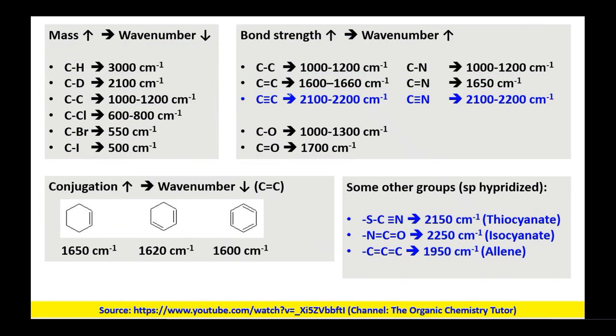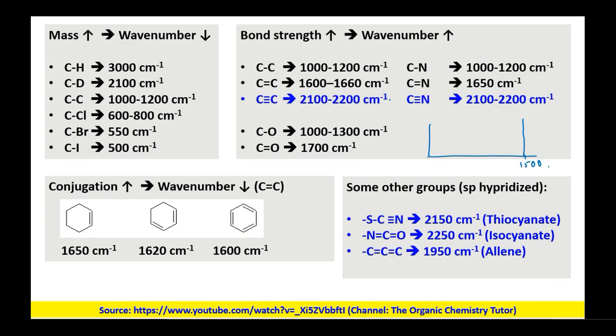Now, one interesting thing is that if you look into the FTIR spectra, suppose here we start with 1500 centimeter inverse and we have drawn a line like this.